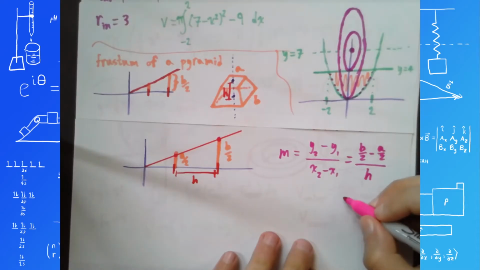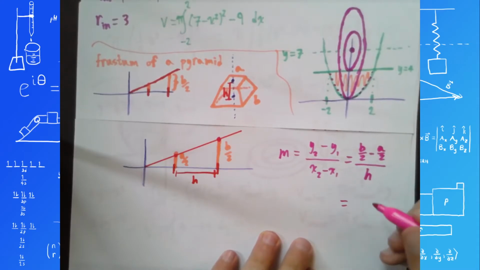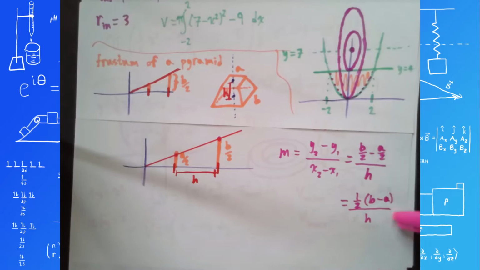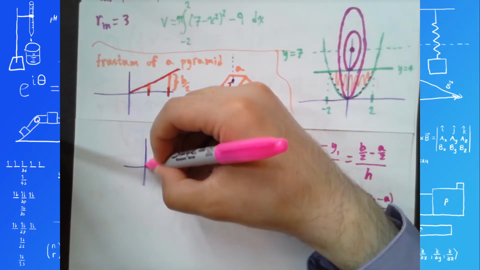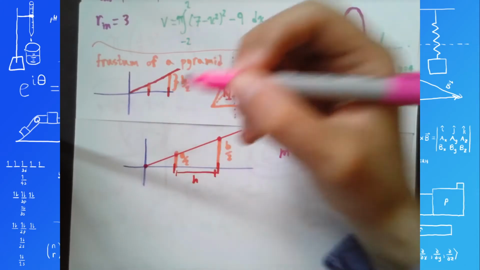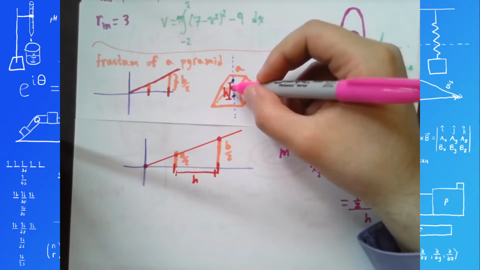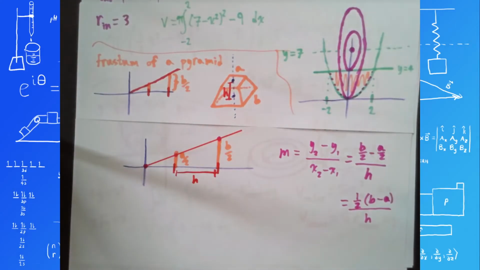And so the slope of this red line is going to be, I'm going to factor out the 1/2, (B minus A) all over h. Okay, so that gives us a slope based on a bunch of constants that we don't know. And if we have it go through the origin, it has to go through the origin because that's the tip of the pyramid that this frustum was cut off of.